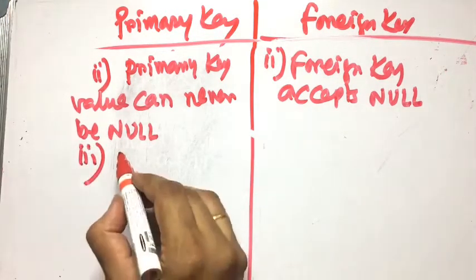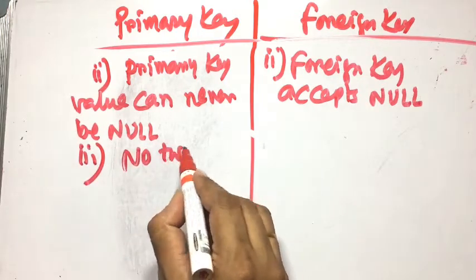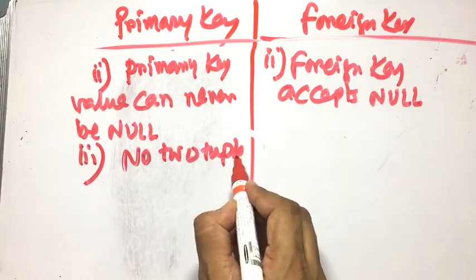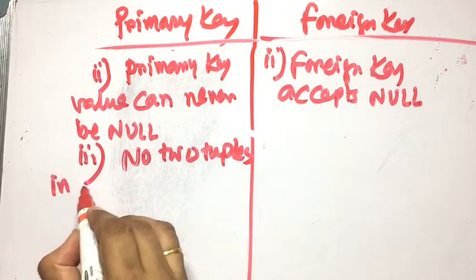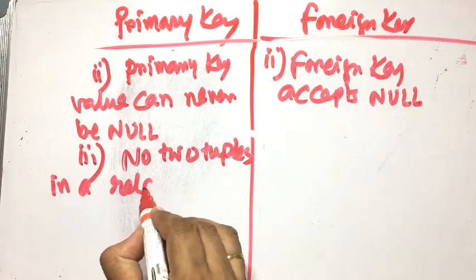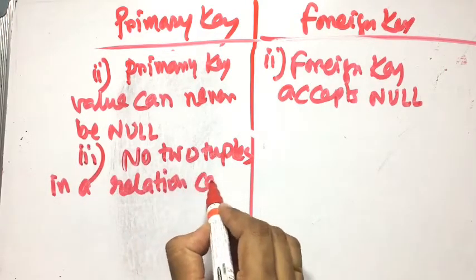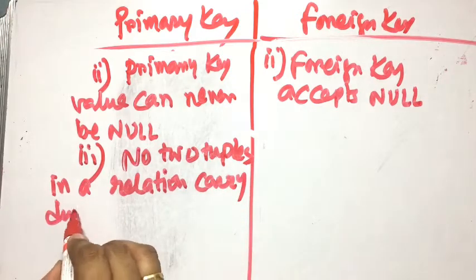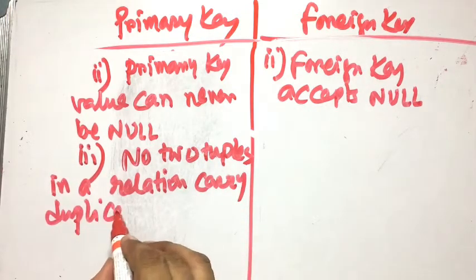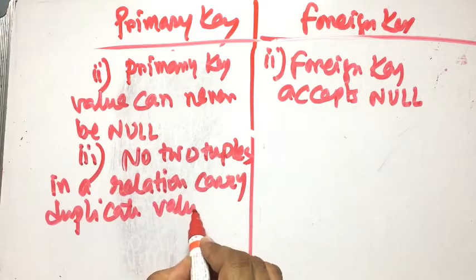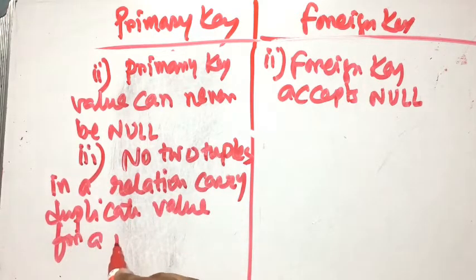The third one: no two tuples in a relation carry duplicate values for a primary key.